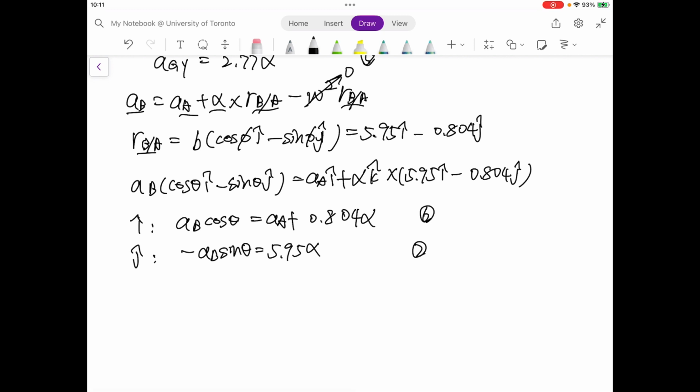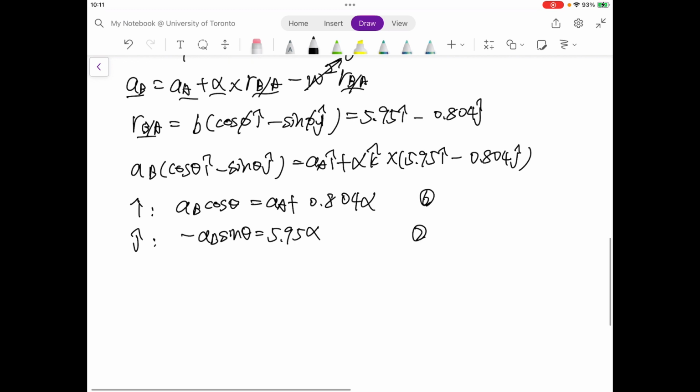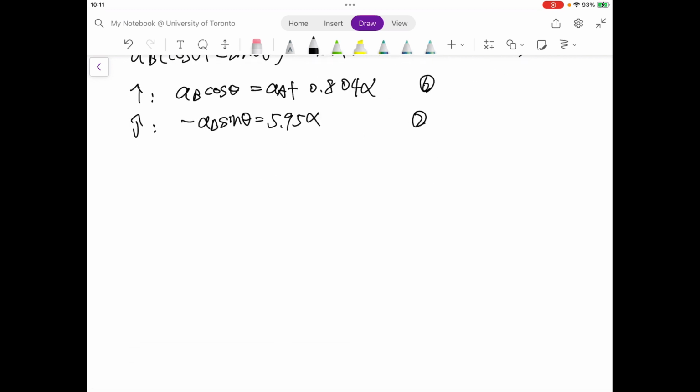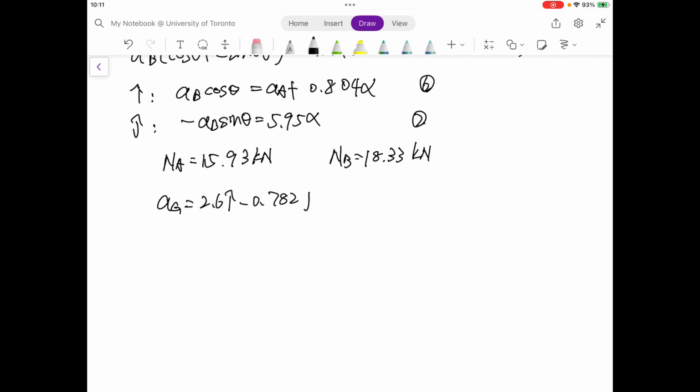Here we have 7 unknowns and 7 equations, so we can solve the whole 7 equations. So N_A is equal to 15.93 kilonewtons. m_B is equal to 18.33 kilonewtons. a_G is equal to 2.6 I minus 0.782 J meter per second square.